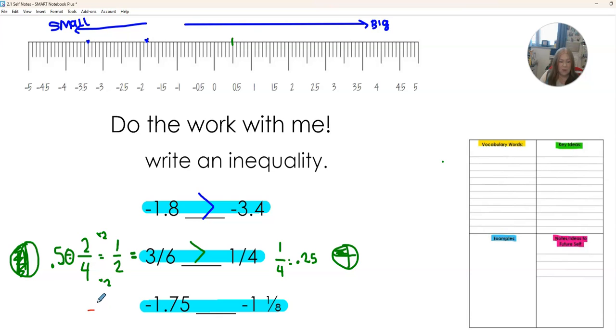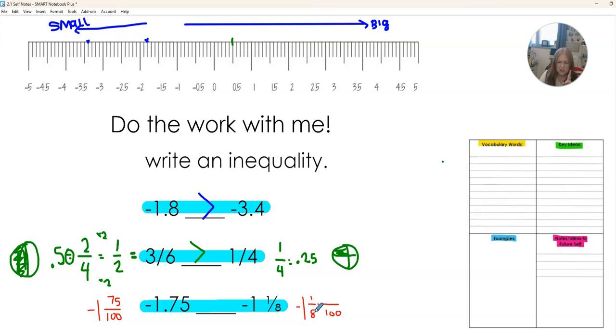So we have negative 1 and 75 out of 100, because that's in the hundredths place, 75 cents out of 100 pennies. Now this one, we are not sure yet because we don't talk about money in eighths. So we're going to change it into a hundredth like this one here.